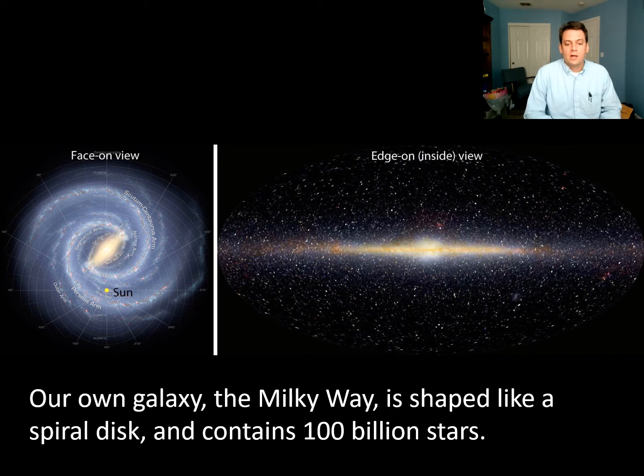And so again, there are pros and cons of that, but it is what it is, and so we work with it. Our galaxy is shaped like a spiral, and in particular, it's known as a barred spiral galaxy. And again, we'll say more about that later in the course when we talk about classifying galaxies. While we can't take a picture of the Milky Way from above, we know basically what it looks like, and it looks something like this.